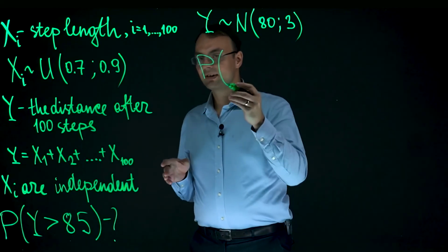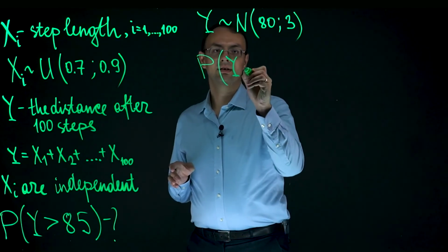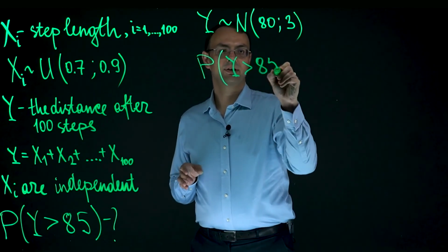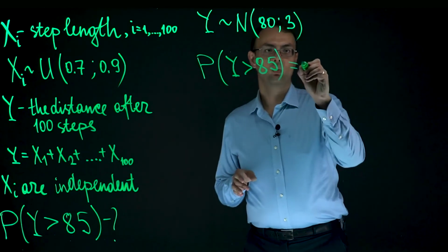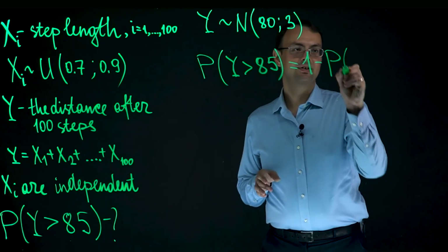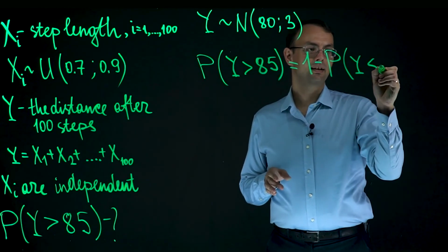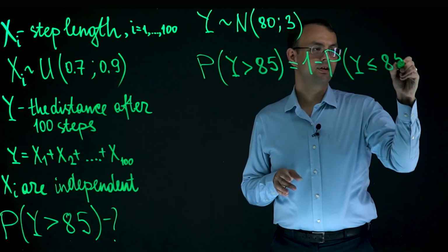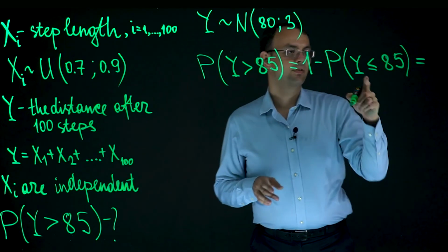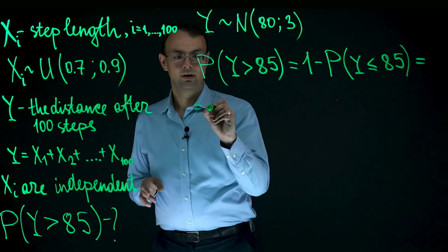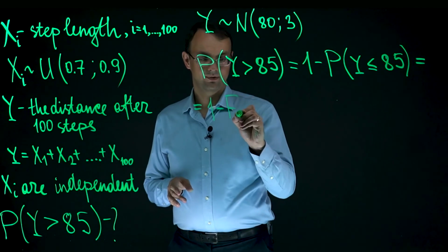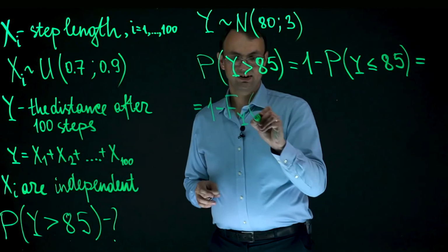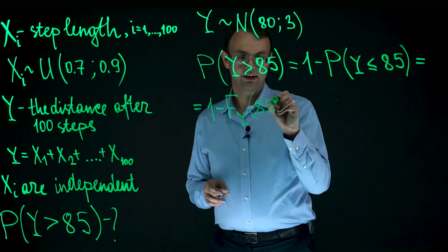The probability that y is more than 85 is 1 minus the probability that y is less than or equal to 85, which is 1 minus the CDF of 85.